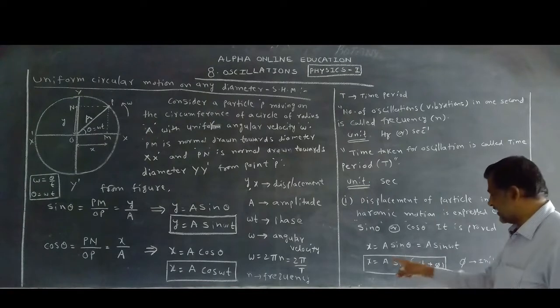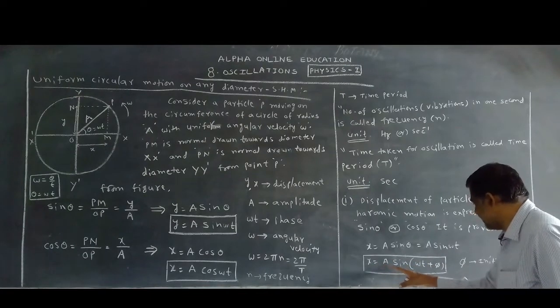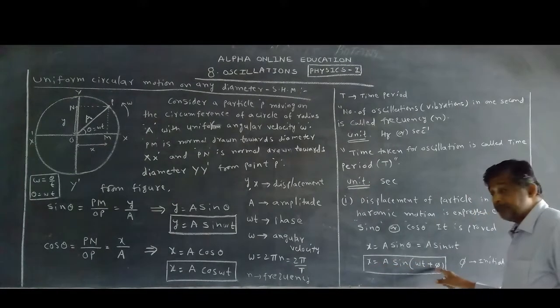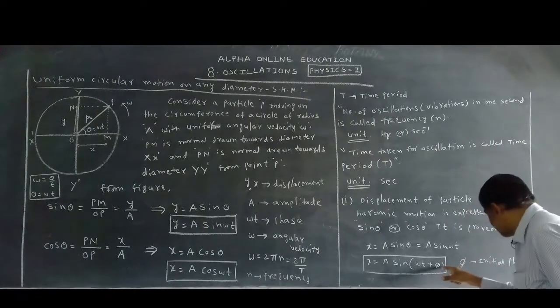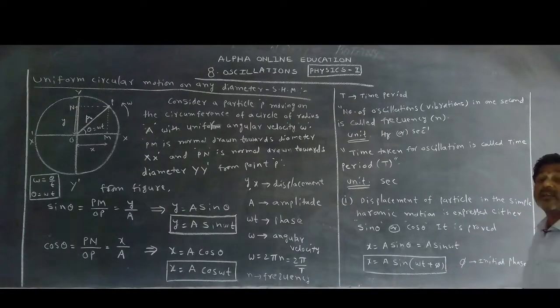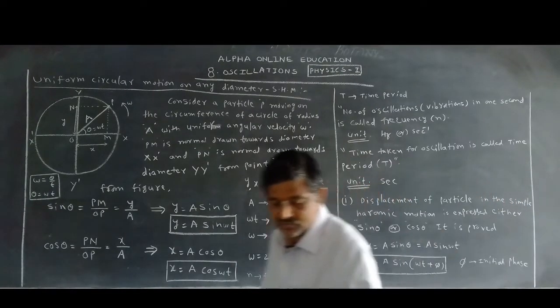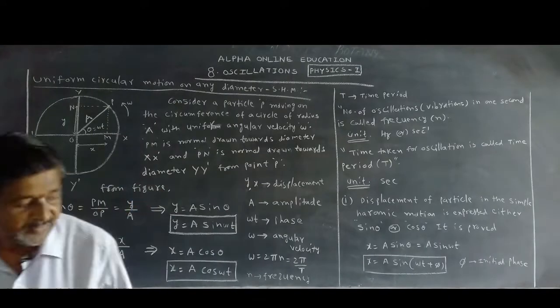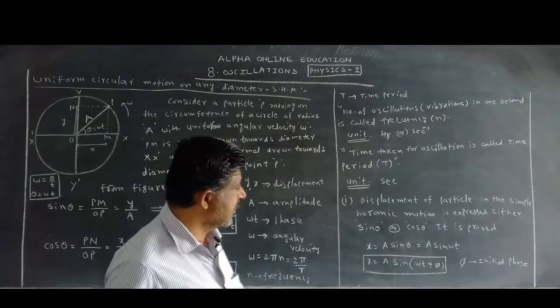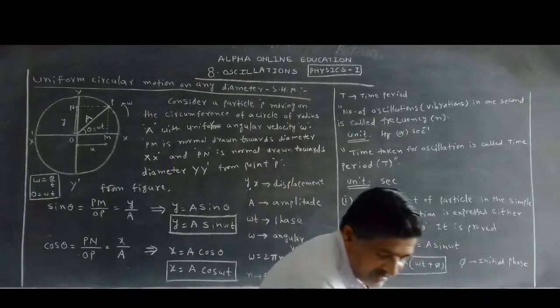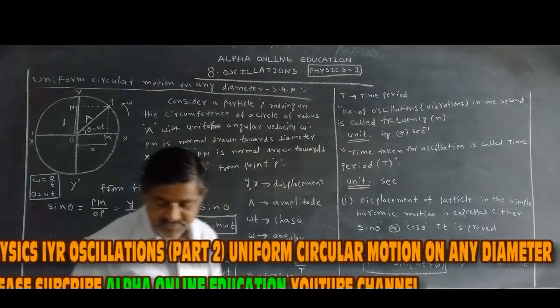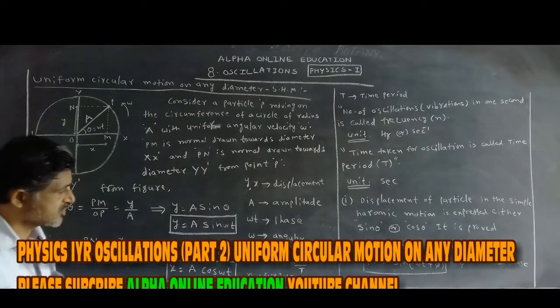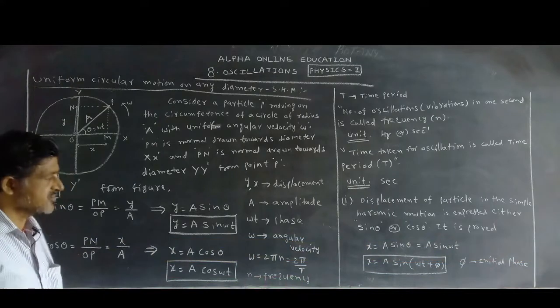Otherwise we can write x is equal to a sin of omega t plus phi also. What is phi? Phi is called initial phase. Anyhow, the displacement of the particle in SHM is expressed as either sin or cos.